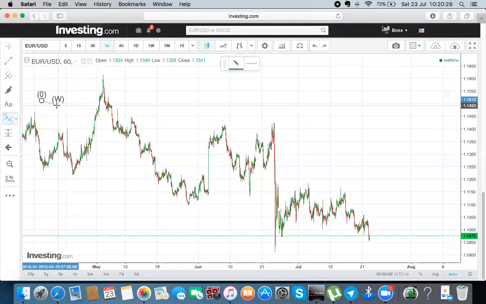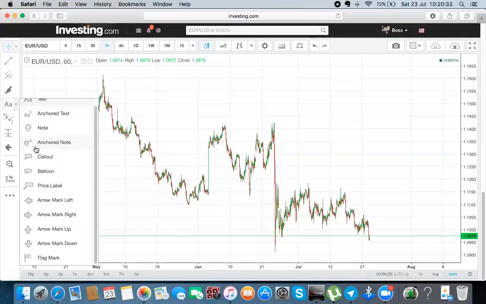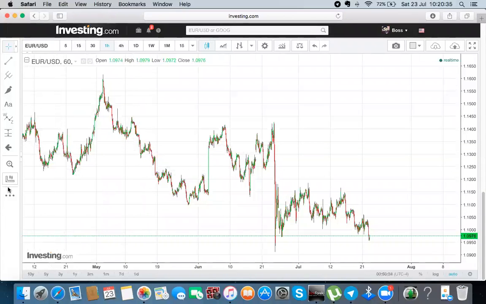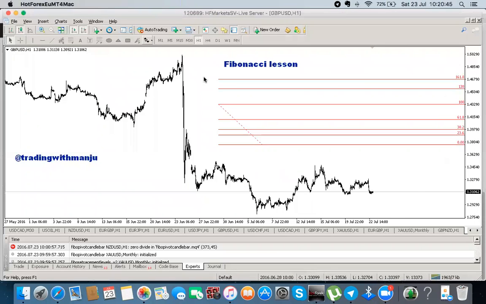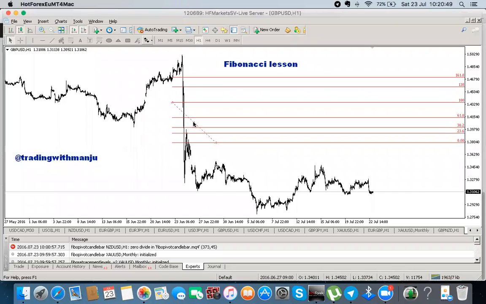It's available in the platform. I don't use much of the FXCM platform. I only use Fibonacci on the MT4 MetaTrader platform, which I've been trading on for many years. So let's talk about the Fibonacci's.